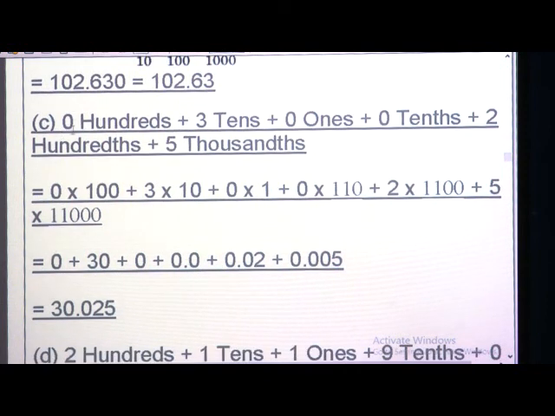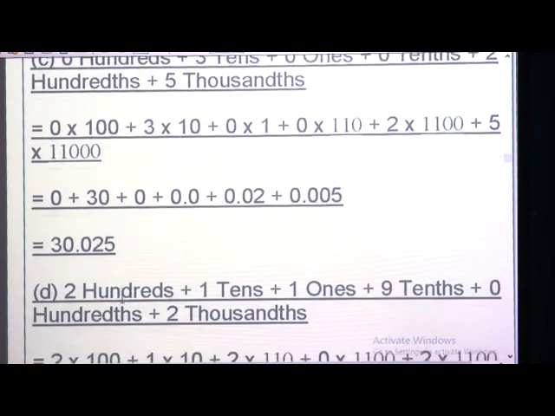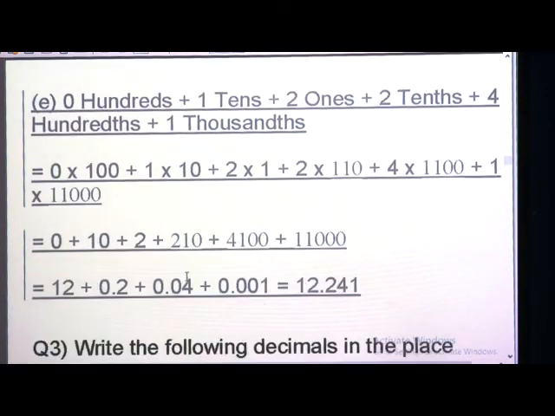So, for 3 tens we have written 30, for 0 ones we have taken 0, and 0.0 for 0 tenth, 0.02 for 2 hundredths, and for 5 thousandths we have taken 0.005. So, we get 30.025. This question is also of the same type.